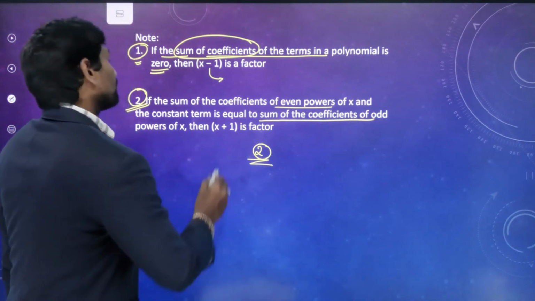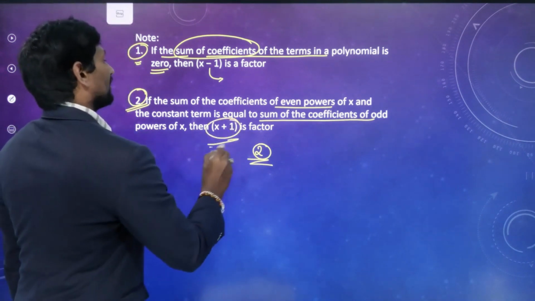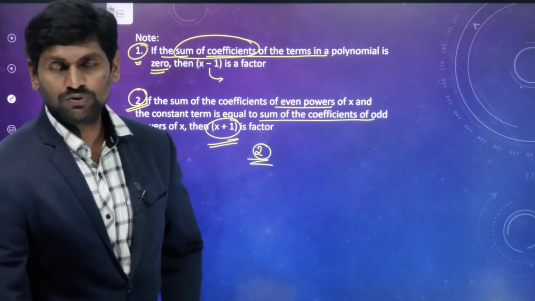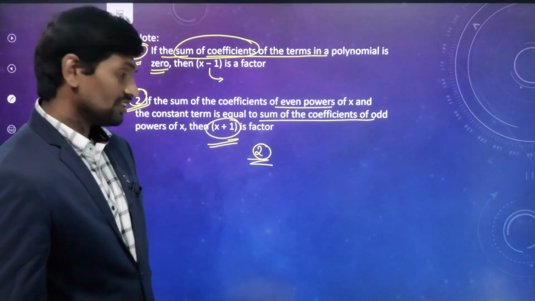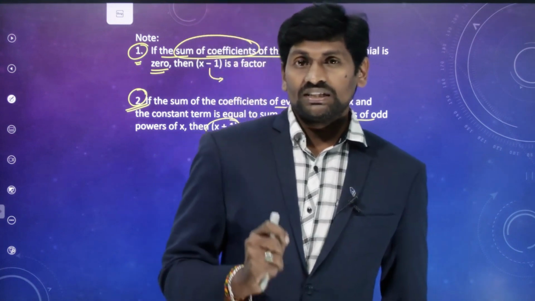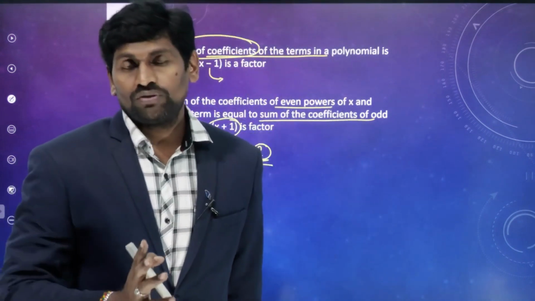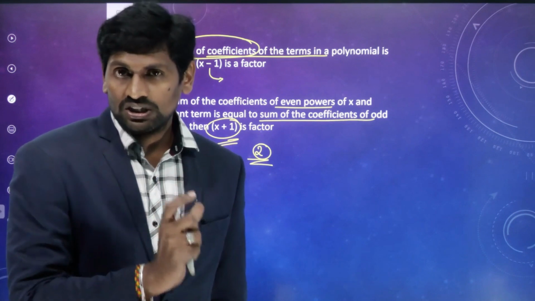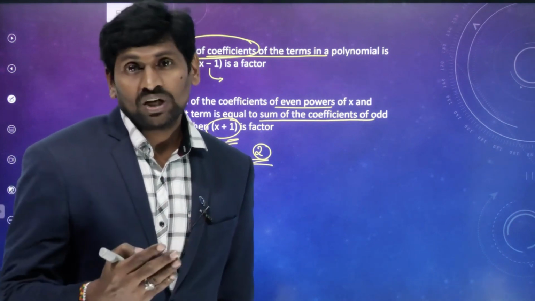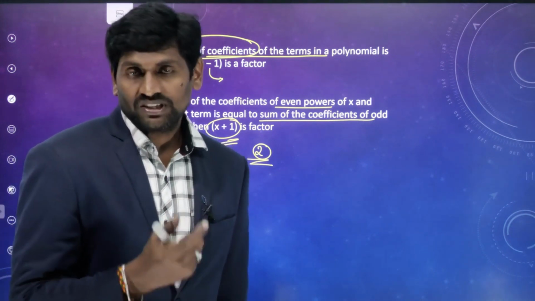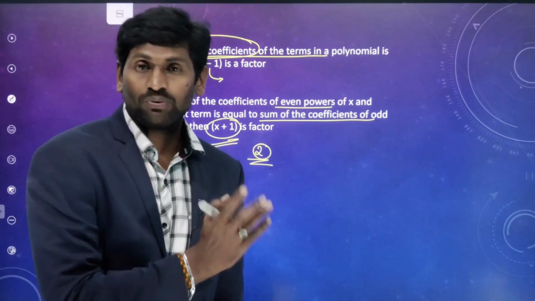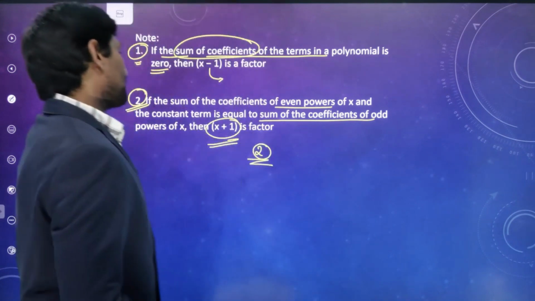Then x plus 1 will be a factor. Okay? Sum of all coefficients 0, x minus 1 is a factor. If the sum of even powers' coefficients and the constant term equals the sum of the coefficients of odd powers, then x plus 1 is a factor.